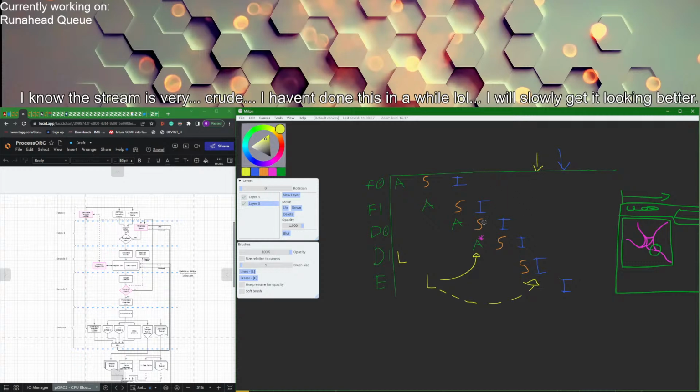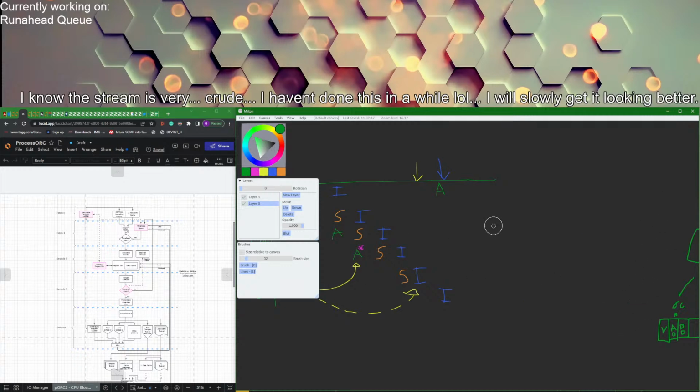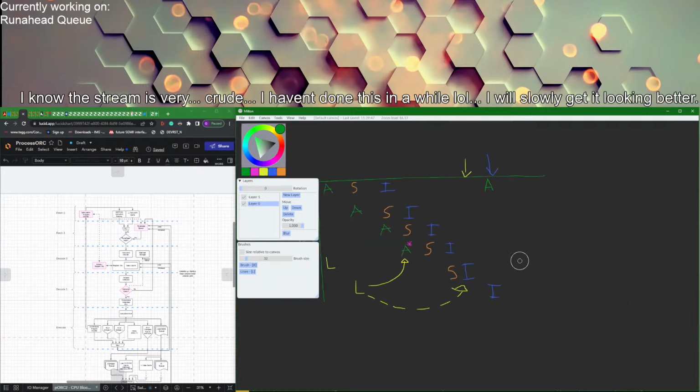That means the add can get back into the pipeline right here. But by the time this goes through the pipeline, it's going to read from the registers.